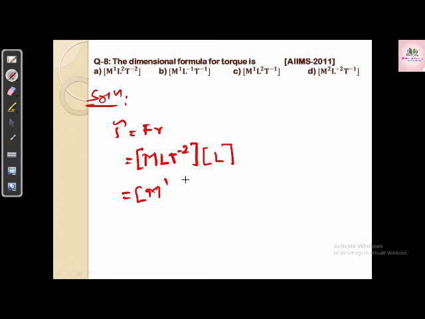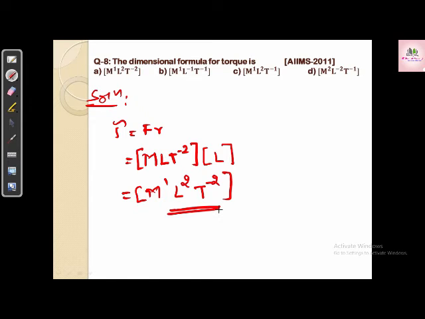L to the power 1 plus 1 is 2, so L to the power 2. Only one T is there, so T to the power minus 2. So this is the dimension formula for the torque.